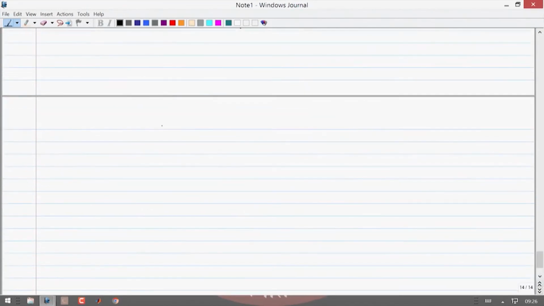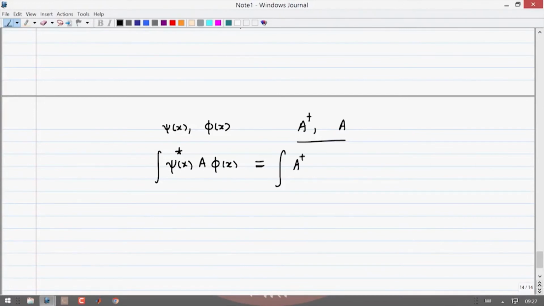For any two wave functions psi of x, phi of x, which are permissible within the space that we are studying, the Hermitian adjoint A dagger of the operator A is defined as follows: integral psi star of x A phi of x is always equal to integral A dagger psi of x star phi of x dx.